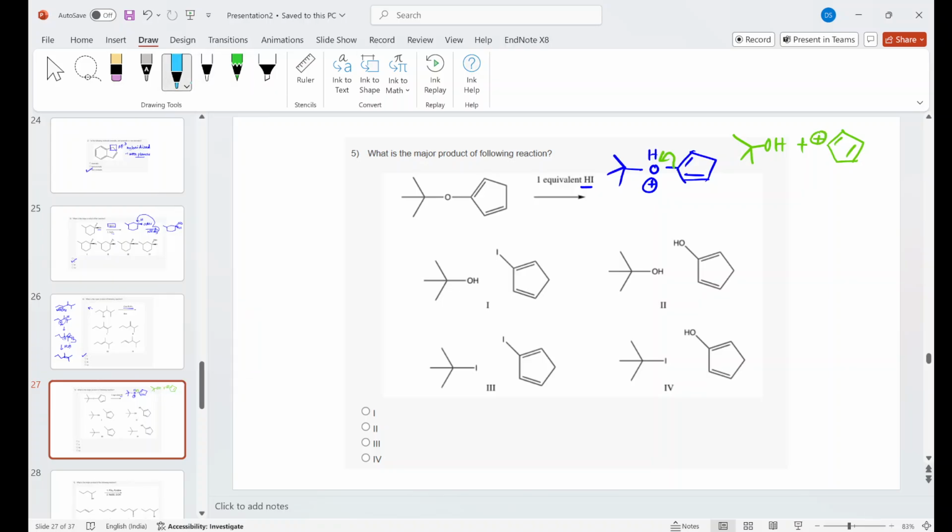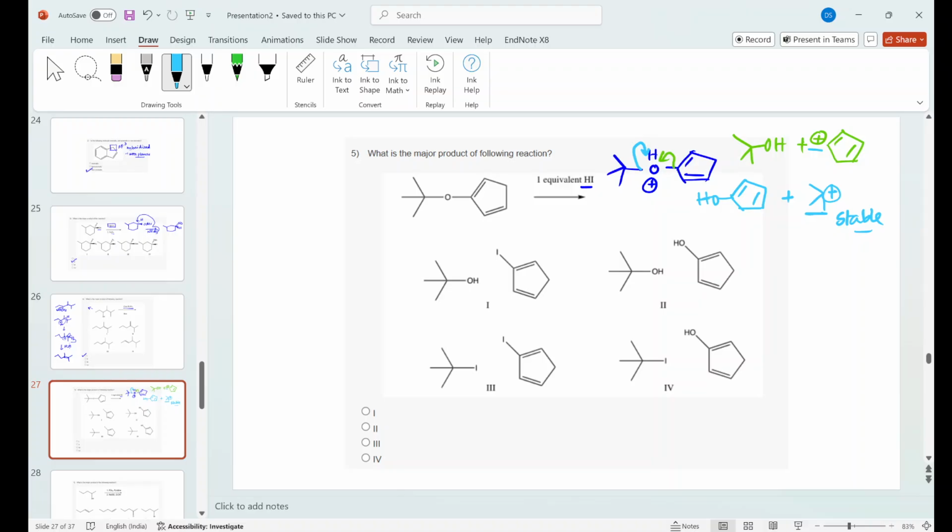If it cleaves here, then we will have OH plus, here positive charge. So what you can see, this one is much more stable compared to the carbocation on the sp2 hybridized center.